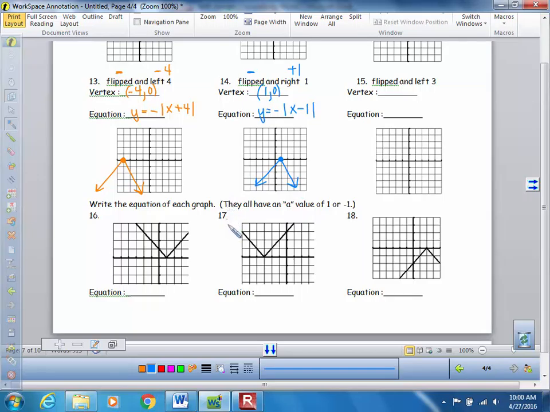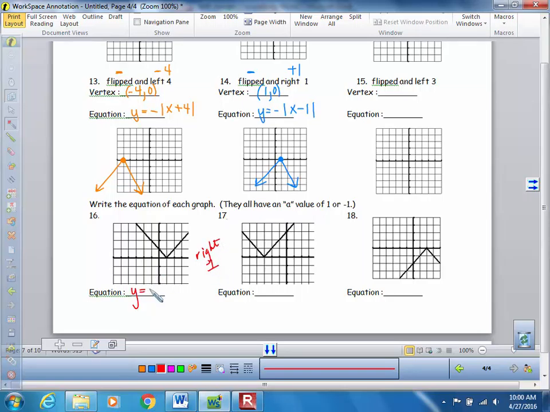Okay, let's try to write an equation from the graph. So looking at 16, what I want to do, is it facing up or down? Up. So I know it's going to be y equals a positive. Did it move right or left? Right. It went right 1.